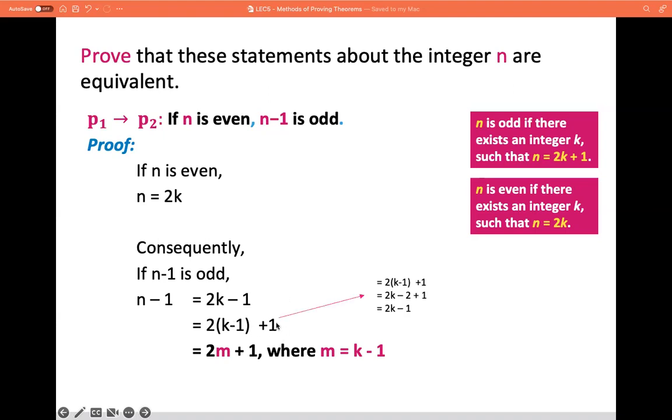We can evaluate this if we distribute 2 to the quantity k minus 1, so it will evaluate to 2k minus 2 plus 1. And this will be equivalent to 2k minus 1, which is equivalent to the first expression, 2k minus 1.